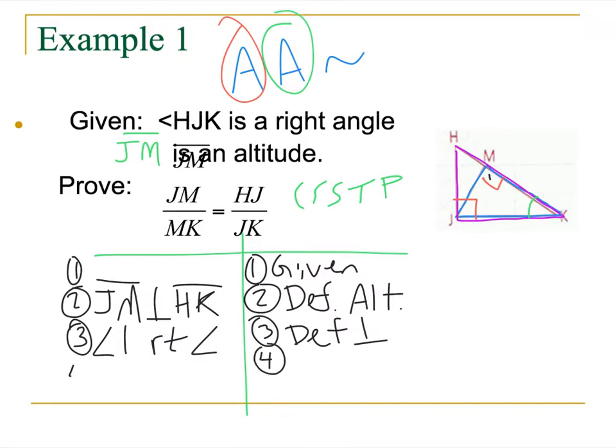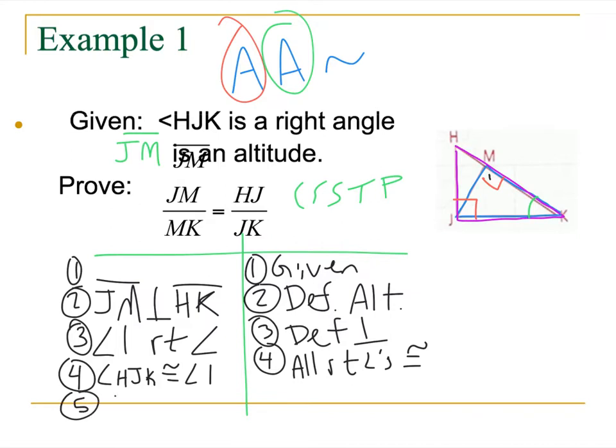Fourth step. I can prove that angle HJK is congruent to angle 1. All right angles congruent.